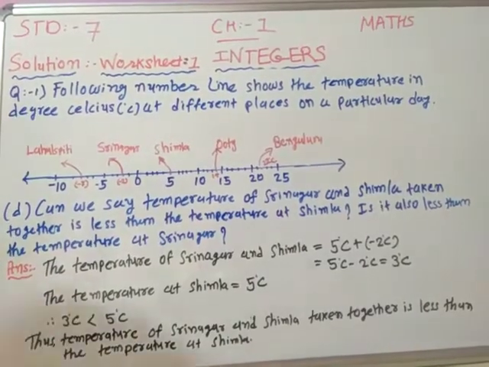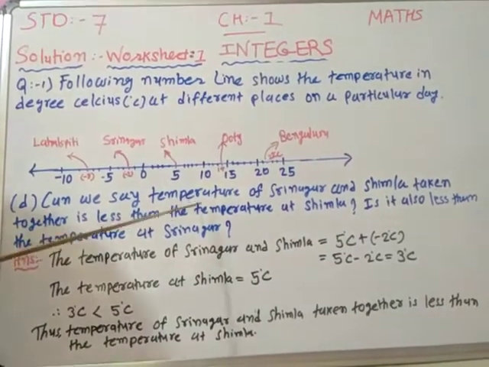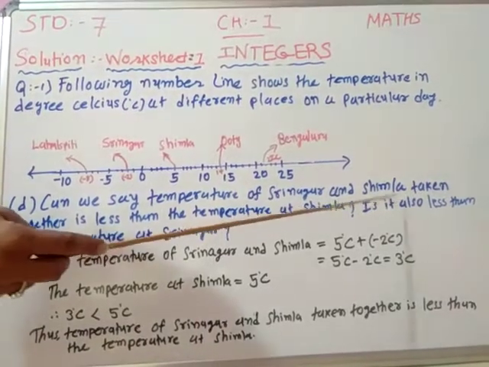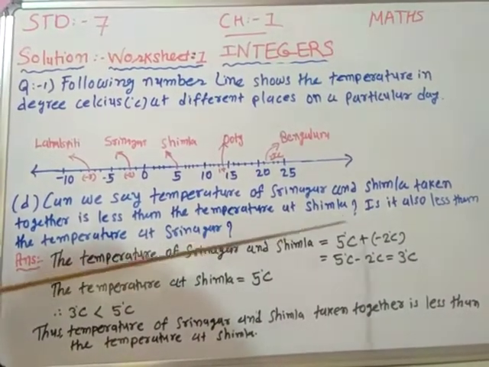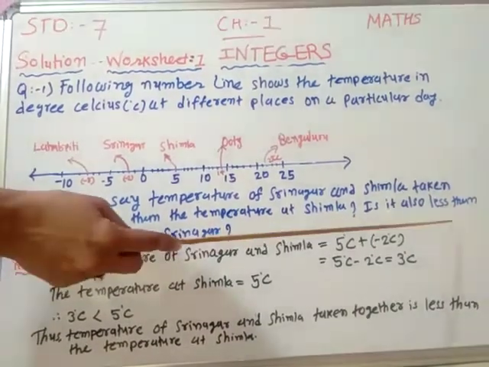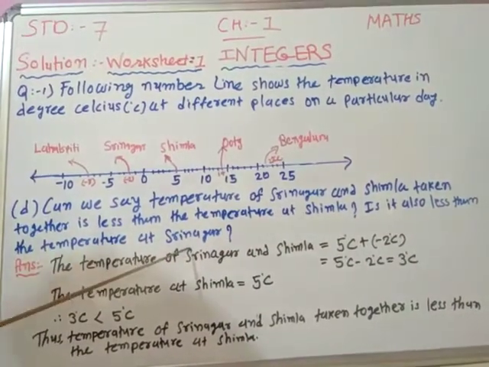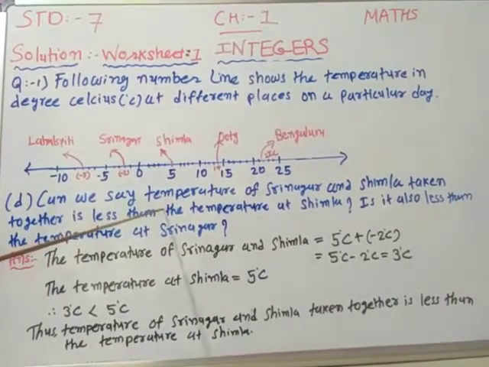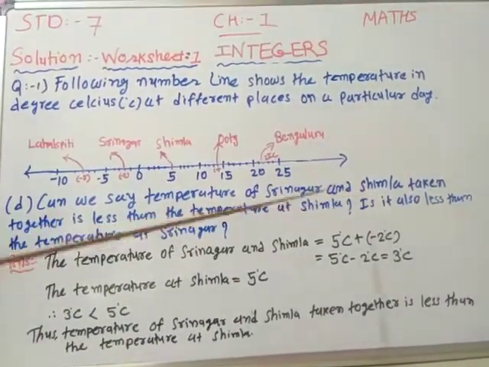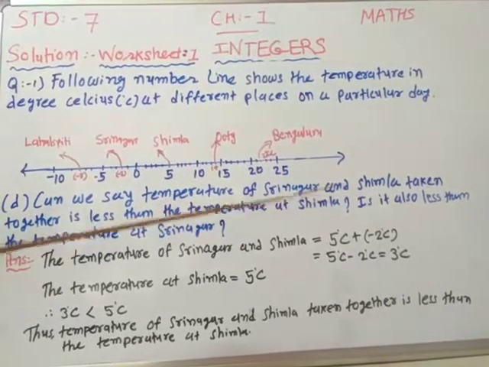Now question 1D. Can we say the temperature of Srinagar and Shimla taken together is less than the temperature at Shimla? Is it also less than the temperature at Srinagar? So first you have to find the temperature of Srinagar and Shimla together, meaning we have to add the temperatures.